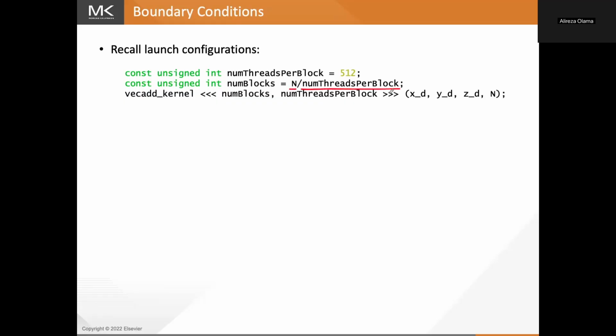For example, assume I have 1023 elements, and I want to group them into 512 threads per block. What I need to do is to compute the ceiling, to round up, and launch a grid with one more thread block, just to support it.